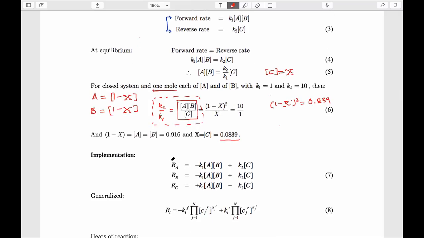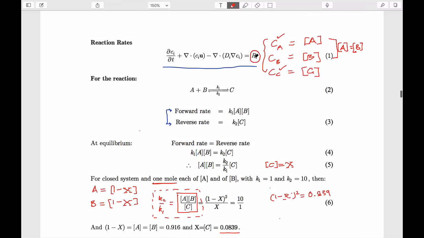And so in other words, this would be in the first equation. We take the value of concentration C sub A, and we'd multiply it by the concentration of C sub B, which is actually C sub A itself. And we'd also look at the concentration of C, and we'd calculate a source or sink term, which would go into this part.